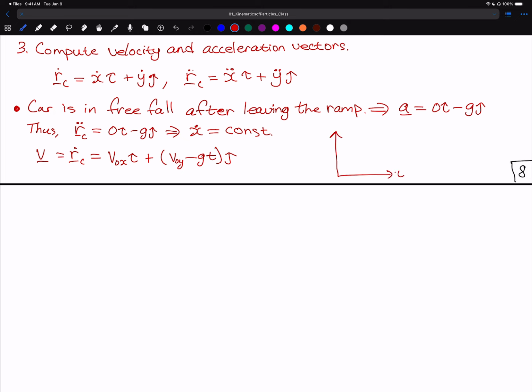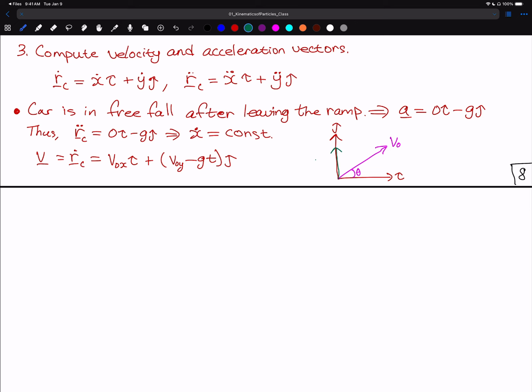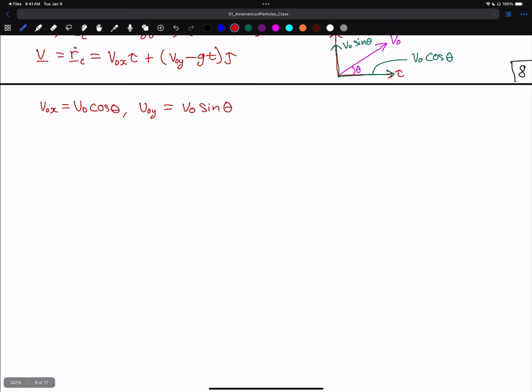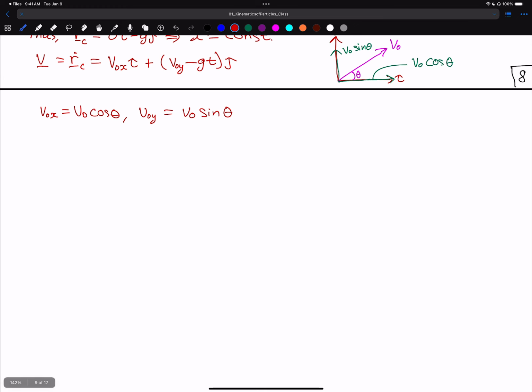In the vertical direction, we're going to have v0 times the sine of theta. And in the I direction, we're going to have v0 times the cosine of theta, such that v0x is equal to v0 cosine theta, and v0y is equal to v0 sine theta. Okay.